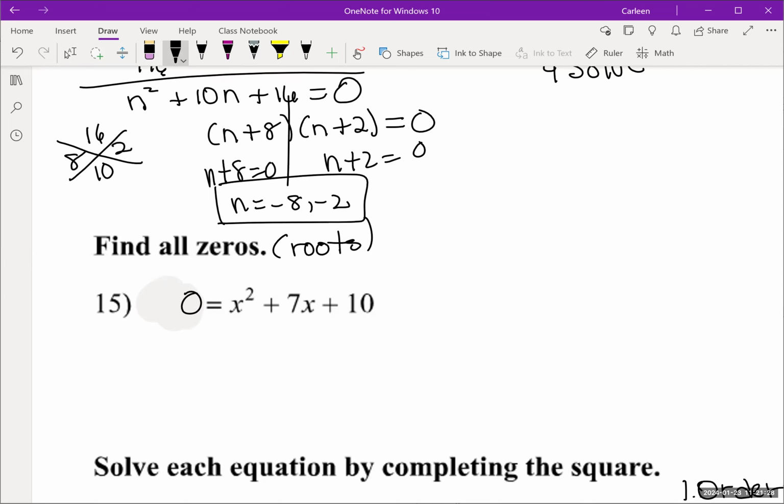Okay, so now f of x became a 0. What's my next step? Factor. Two numbers that multiply to get 10 and add to get 7.